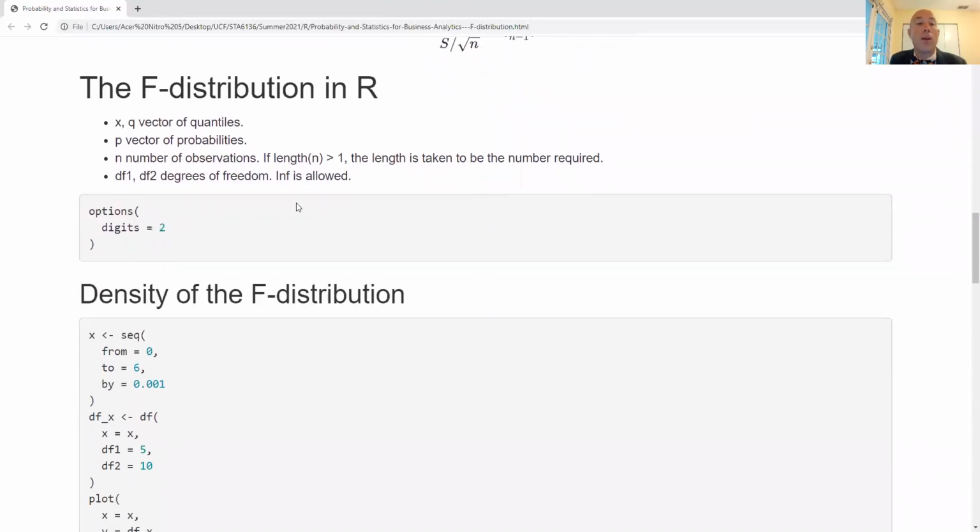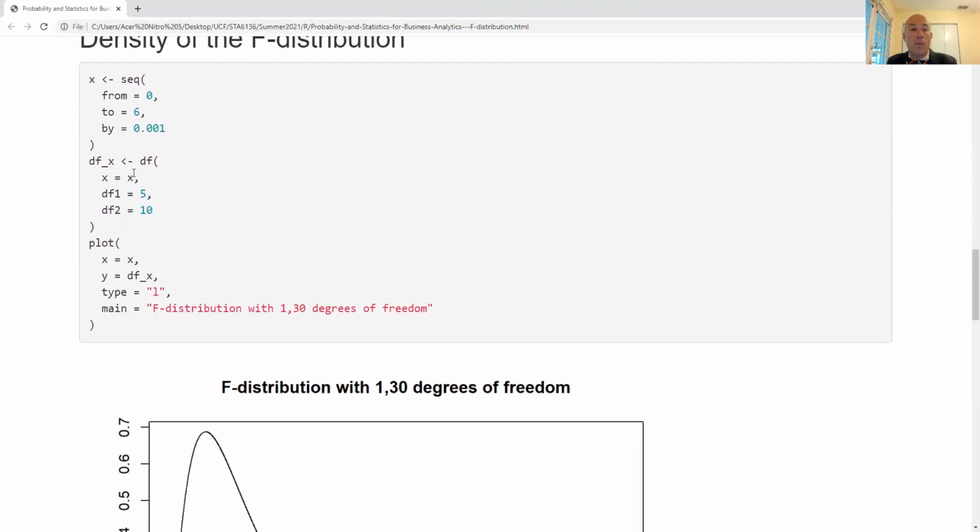All right, so now let's take a look at the F distribution in R. If x and q are vector quantiles, p is a vector of probabilities, n is the number of observations, and df1, df2 are degrees of freedom, then we can get the density function using df.